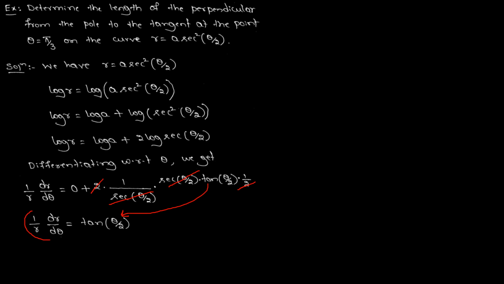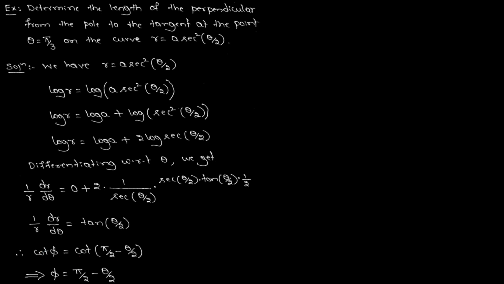And we know that 1 by r dr by d theta can be written as cot phi, and tan can be converted as cot of pi by 2 minus theta by 2. Then this cot and this cot can be cancelled, and phi is equal to pi by 2 minus theta by 2. So this is our phi.